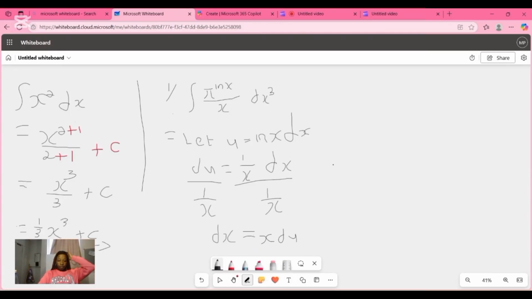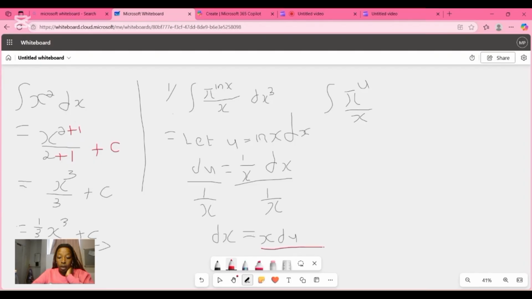So continuing, we changed our ln x into u. So instead of writing ln x, we're going to write u. So we're going to have pi to the exponent u over x. We have the value of dx.